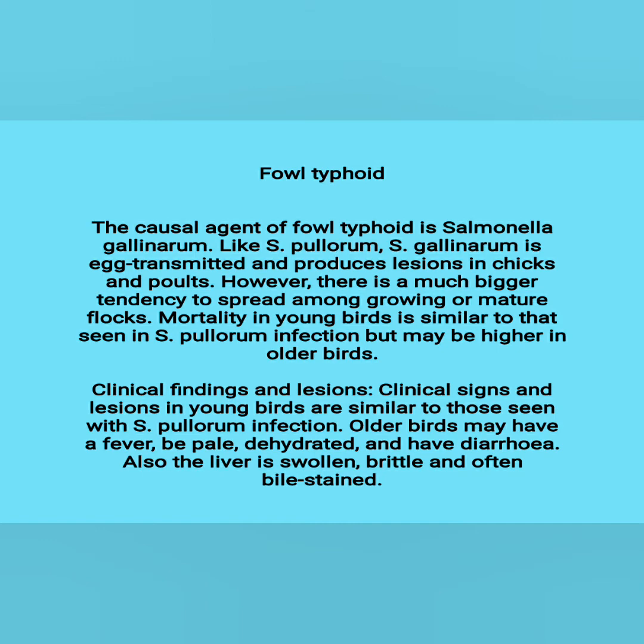Mortality in young birds is similar to that seen in S. Pullorum infection but may be higher in older birds. Clinical findings and lesions: clinical signs and lesions in young birds are similar to those seen with S. Pullorum infection. Older birds may have a fever, be pale, dehydrated, and have diarrhea. Also the liver is swollen, brittle and often bile-stained.